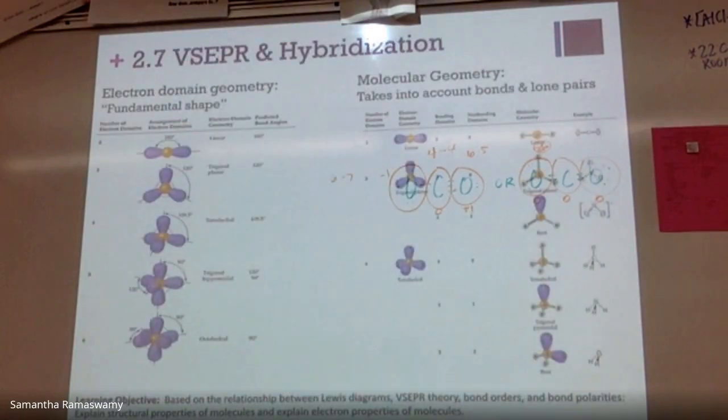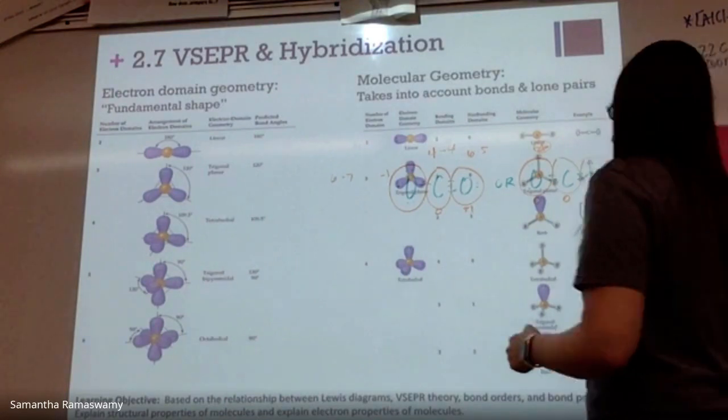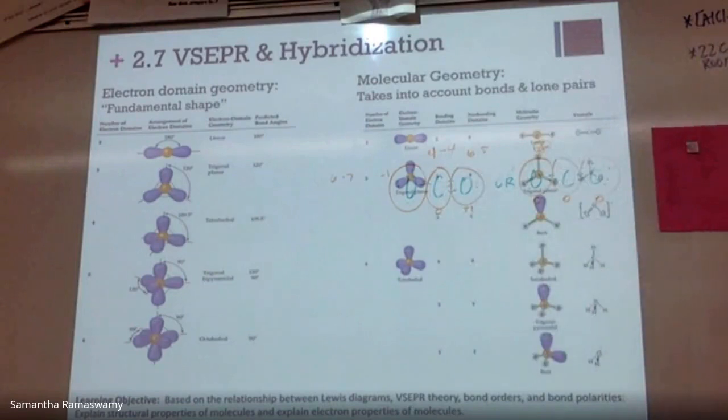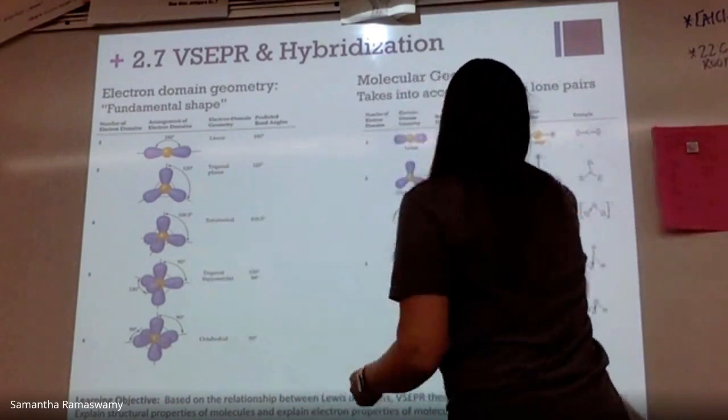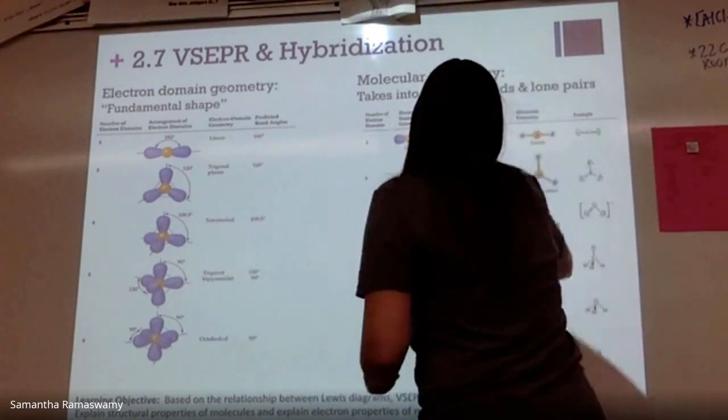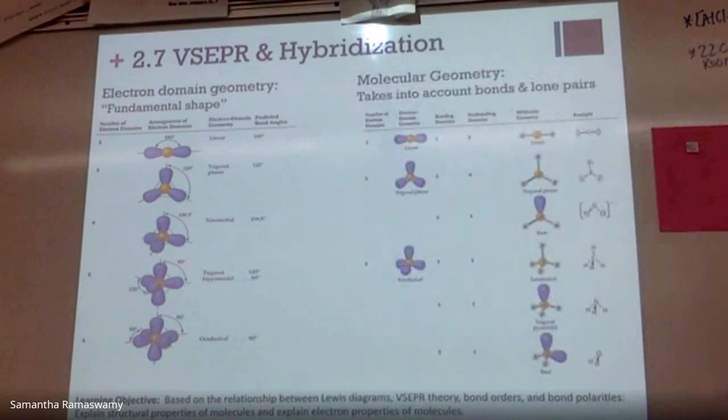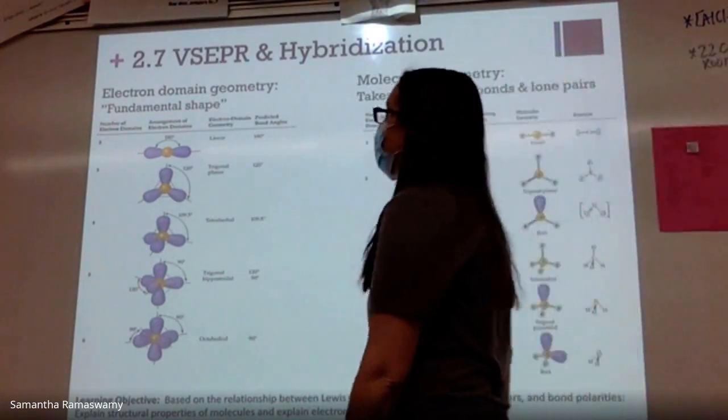So for 2.7, this is VSEPR and hybridization. VSEPR is shapes. For us, shapes were chapter 9. So I actually took this right out of our chapter 9 notes. Remember, there's a difference between electron domain geometry and molecular geometry.